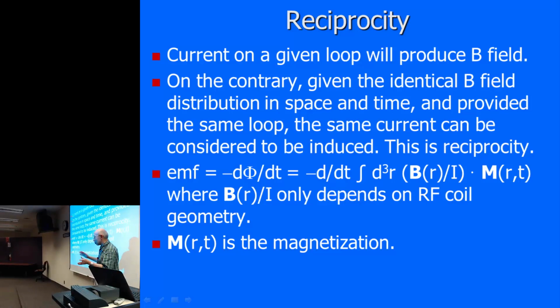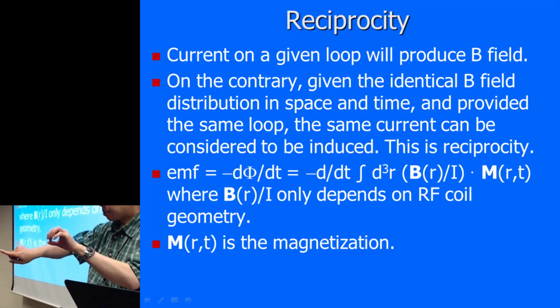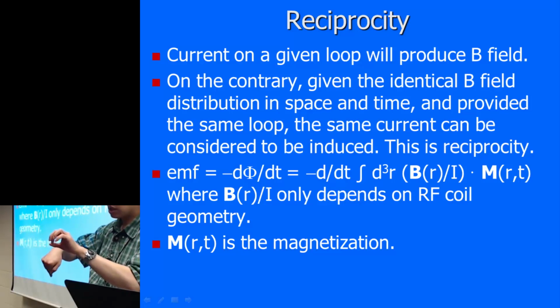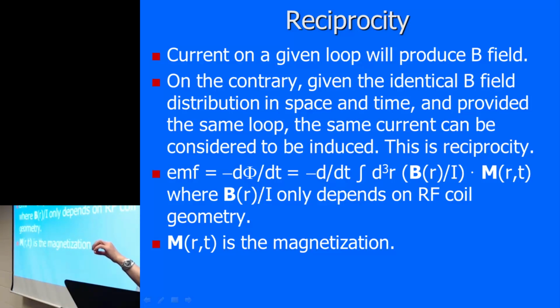Meaning I have to figure out what is the induced field through this coil. So I have the coil here. What is the induced field through this coil? What the induced field, in fact, is produced by these moving spins. So that's why this guy is there.